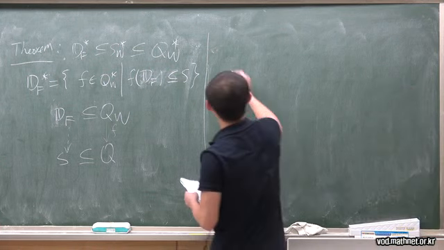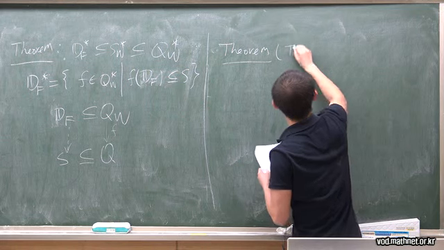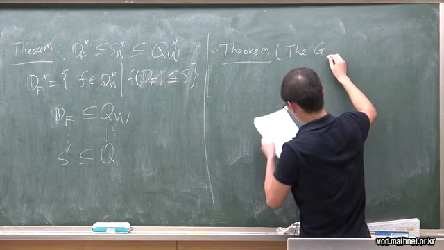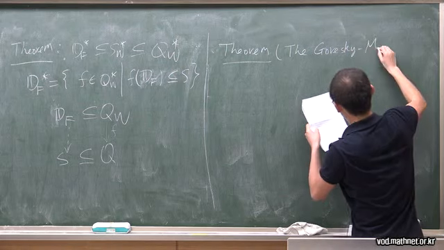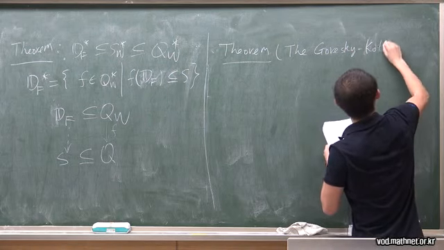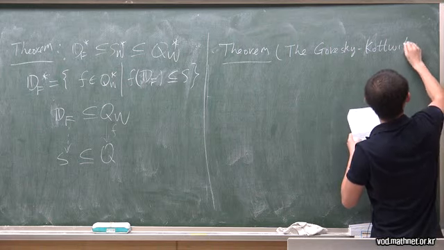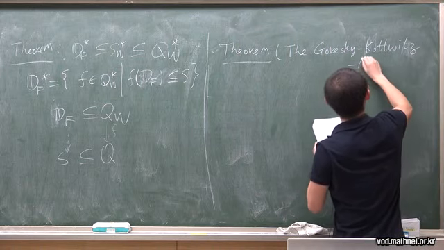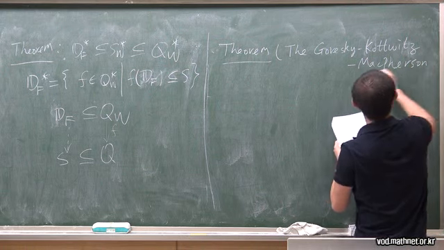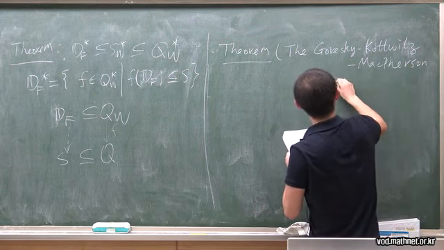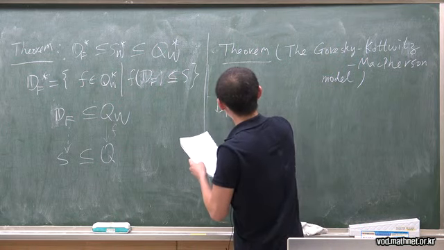Okay, the last theorem today. Let's consider the torus T. This is the GKM model, which says that D_F star has another description.